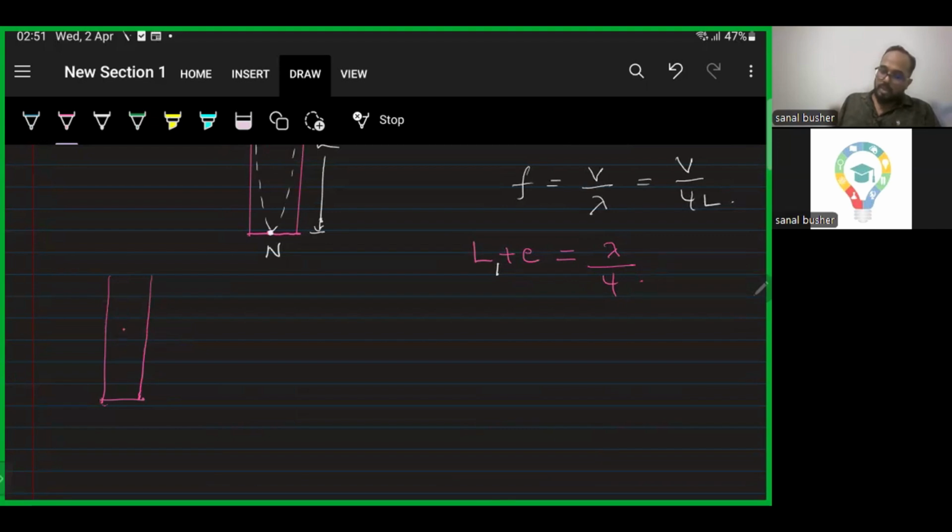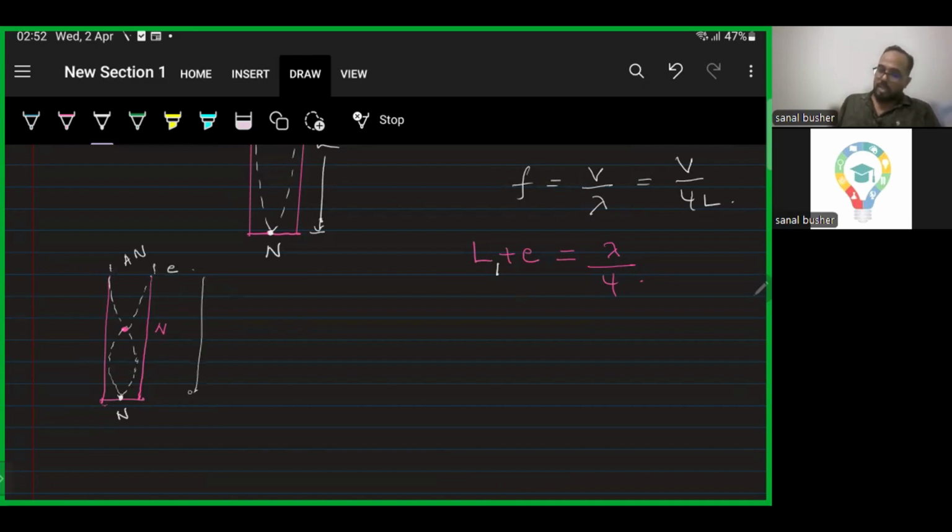For the next frequency you need to introduce one more node here. So here also it is a node and here it will be an antinode. The stationary wave formed will be like this, slightly above this one, so end correction is there.